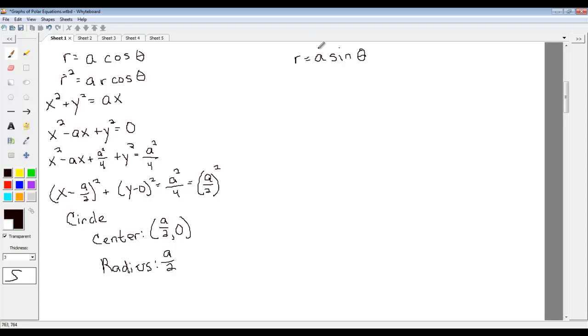And then sine theta, do the same process. Multiply both sides by r. Then you got x squared, convert it to a rectangular equation. Follow the same steps, except instead of a minus ax, you have a minus ay.